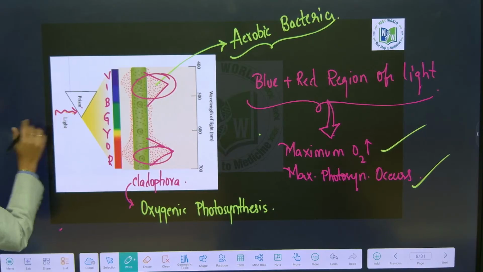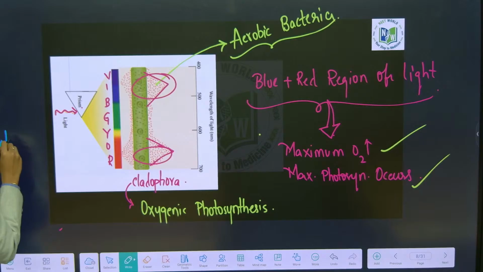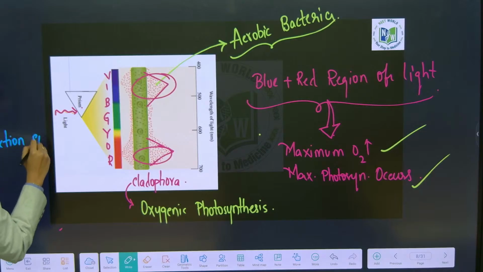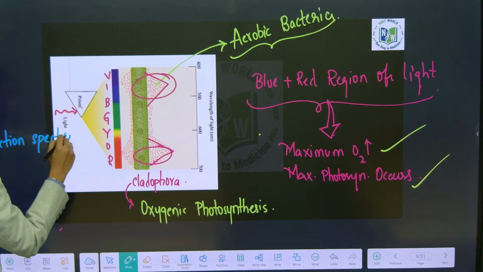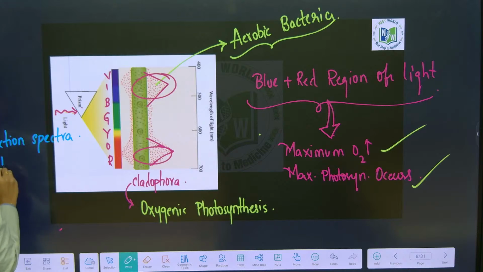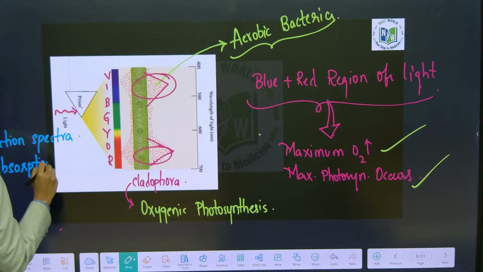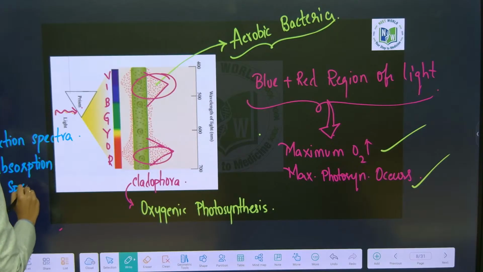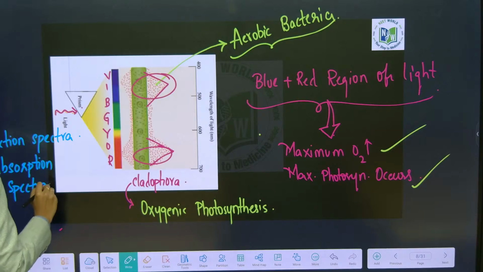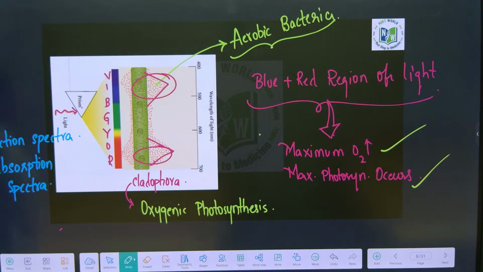He discovered the action spectra and absorption spectra. Clear?